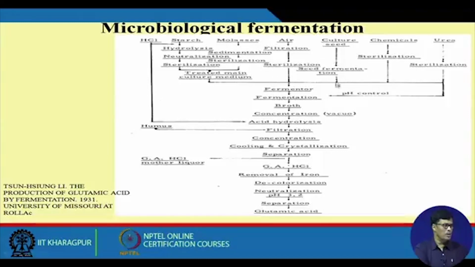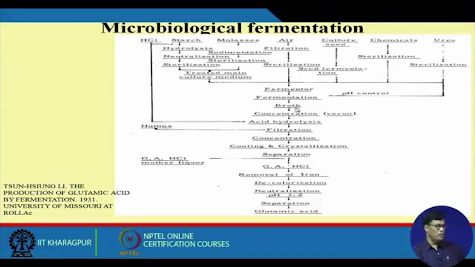We mix the chemicals and urea together, take it to the fermenter, then we sterilize, pass air to it, and then add the culture. First we add culture, then we do the aeration, then we do the pH control as per the requirement of the process.